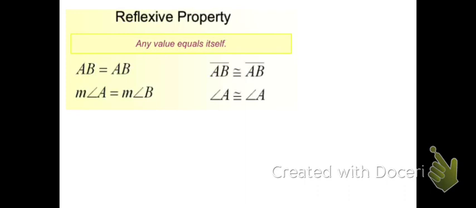If you ever have to say an angle is equal to itself, or a side length is equal to itself, or a segment is equal to itself, the reason you give is the reflexive property. A lot of people remember that because they think of reflection, the same thing on both sides.